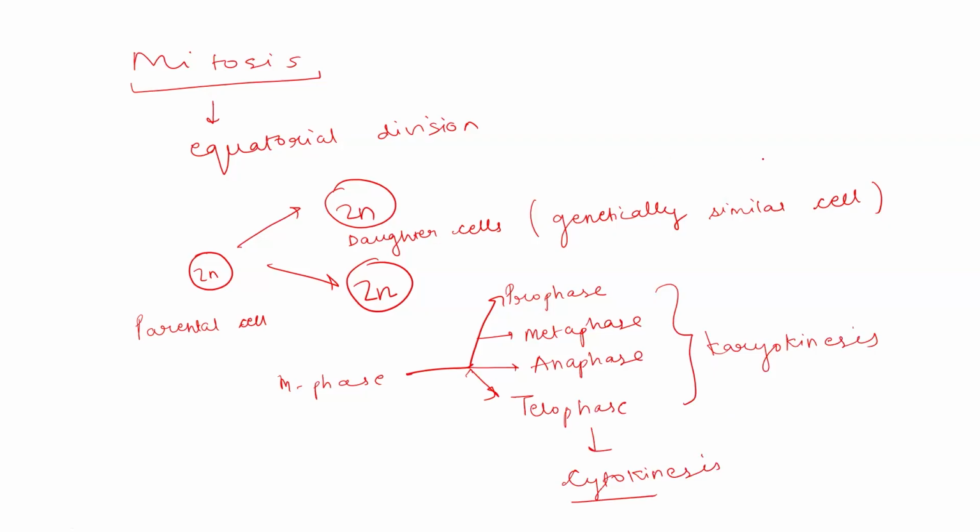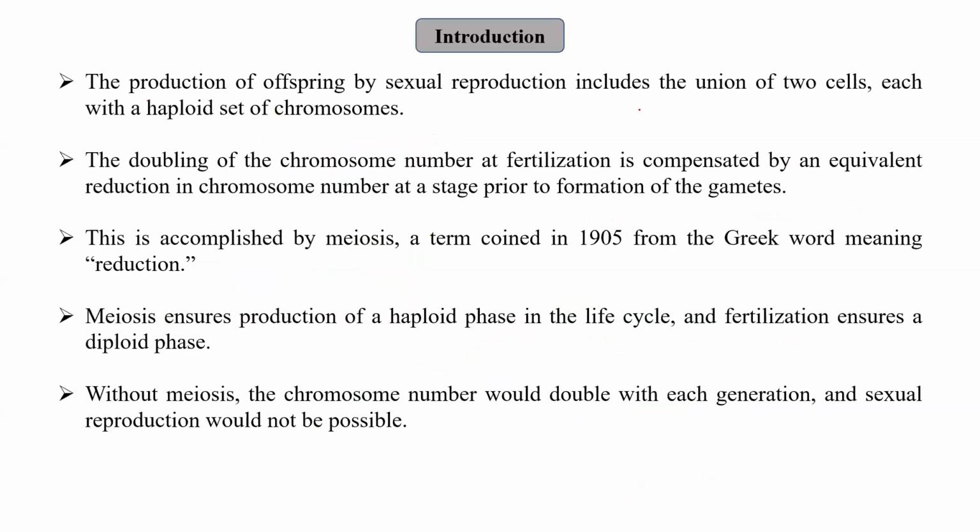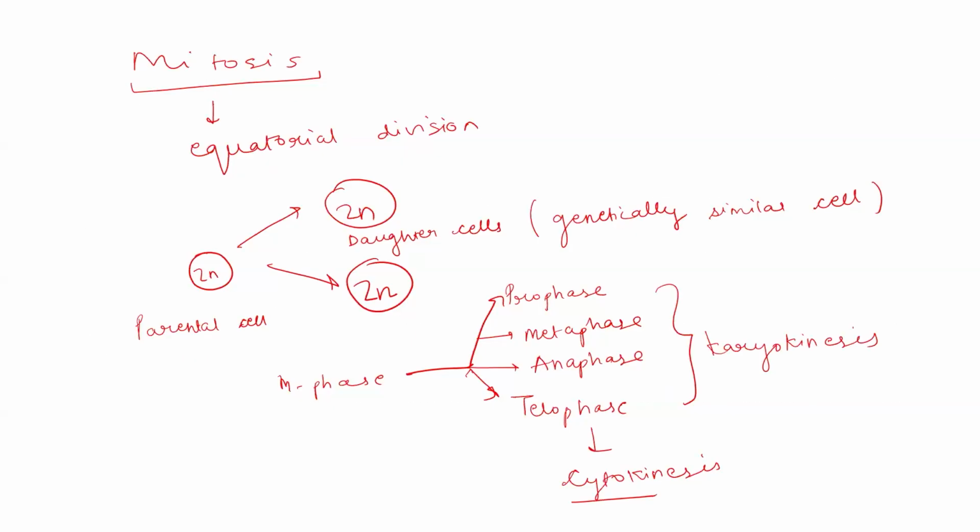But there is another kind of division, that is meiosis, that we will start in today's lecture. We know that during reproduction there is a formation of gametes. Gamete formation results in the production of sperm and ovum, for example, and the fusion of sperm and ova results in the formation of a zygote.